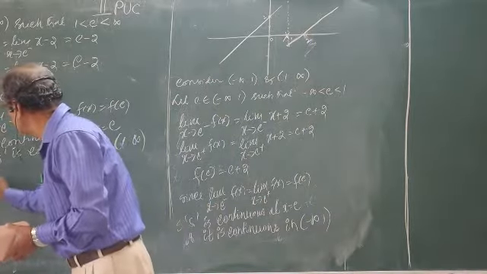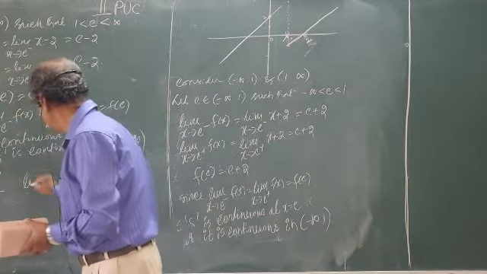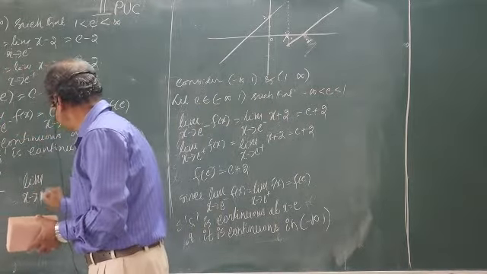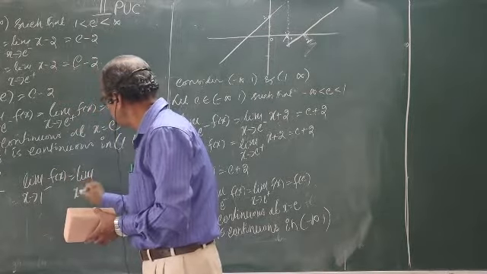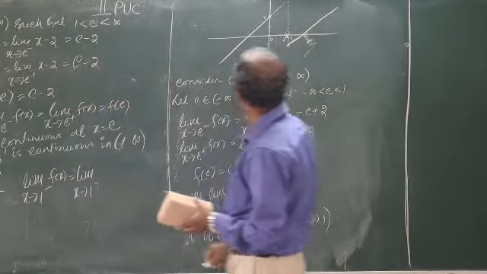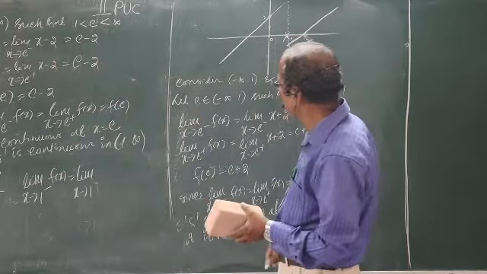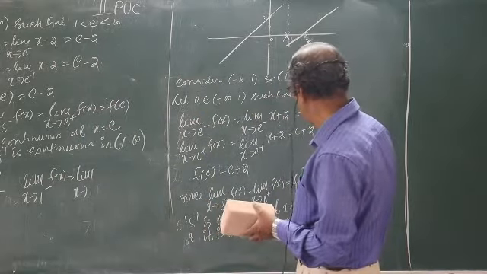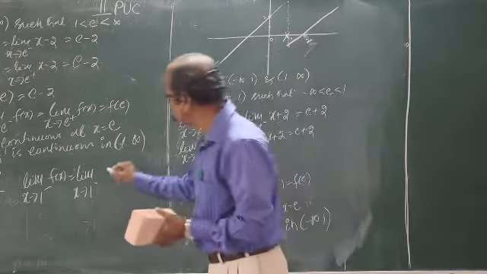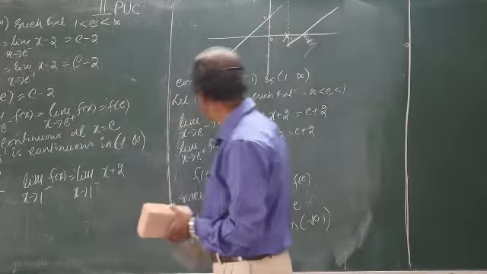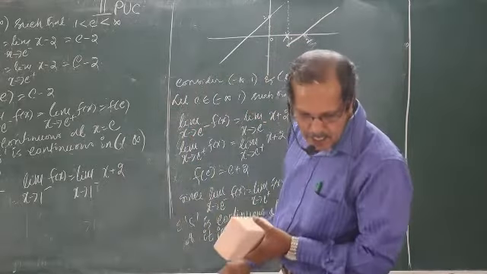At x equal to 1 now, limit x tending to 1 minus f of x: for all x less than 1, the equation is x plus 2.